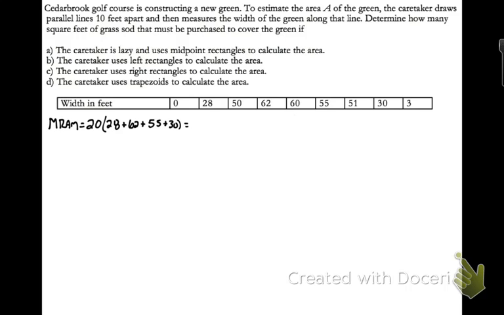And so his approximation would be an area of 3,500 square feet.